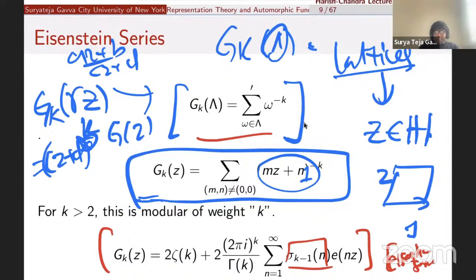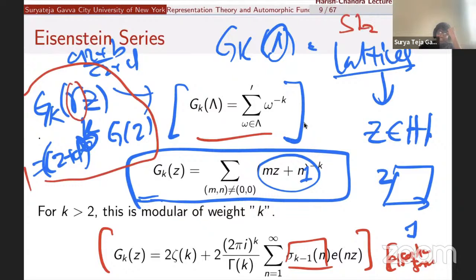These quantities, computed as a function of the lattice, have nice, interesting invariance properties. This action by SL(2, Z), the gamma, you should think of as a change of basis: when SL(2, Z) acts, it's just changing the basis of the lattice.